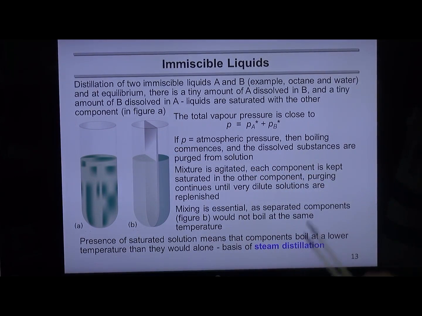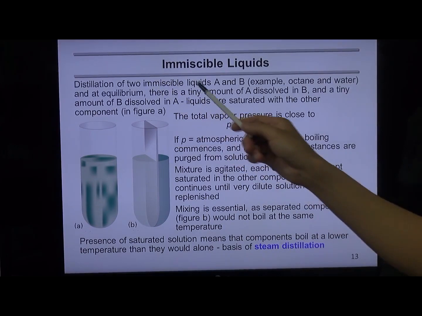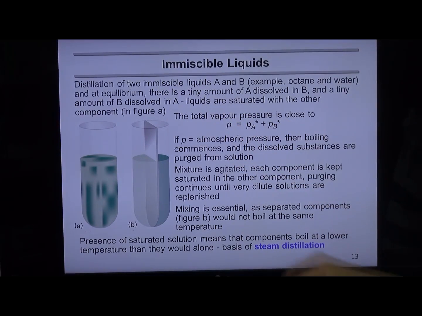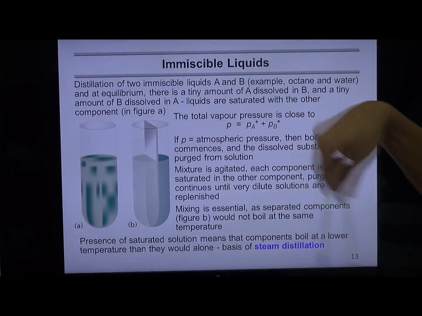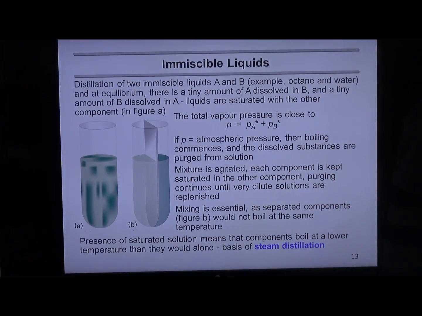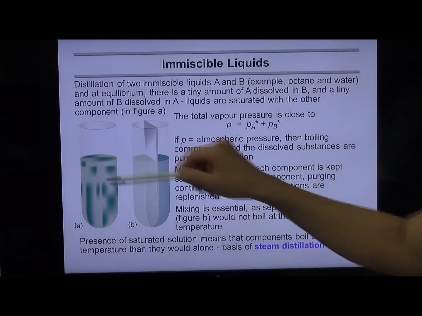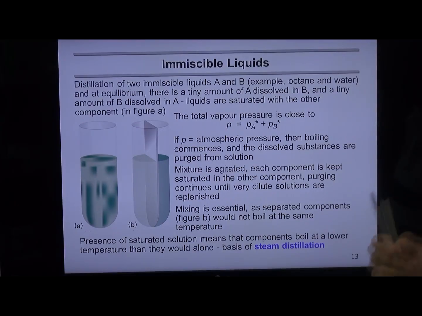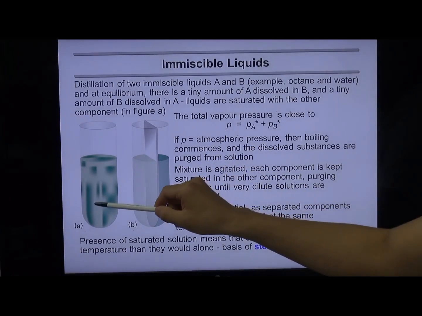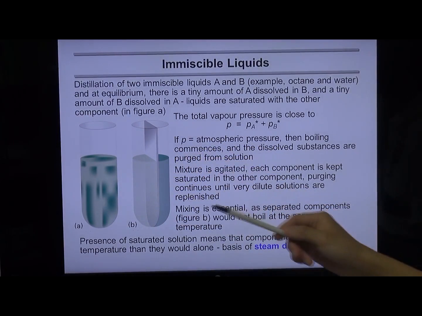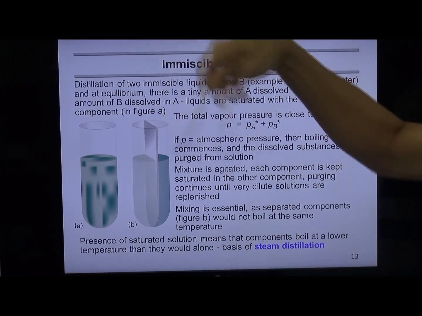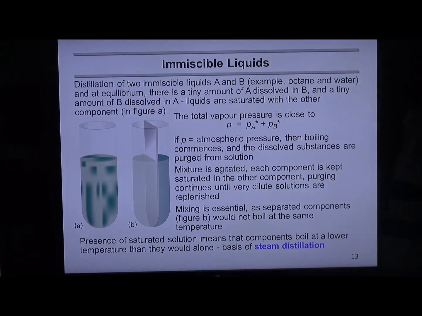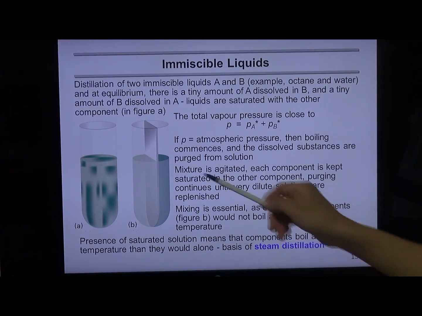But here, when you do distillation of two immiscible liquids, you strongly agitate the water-oil mixture. So water is not at the bottom and oil is not at the top. They are mixed together continuously. The mixture is agitated.